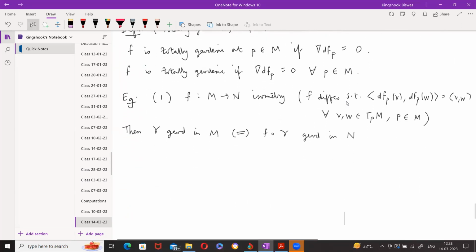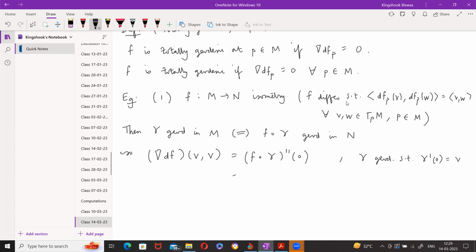Okay. And so nabla DF of V, V is equal to F composed gamma double prime of 0, where gamma is a geodesic such that gamma prime 0 equals V, and this is equal to 0 because F composed gamma is a geodesic in N. So that implies that F is totally geodesic.